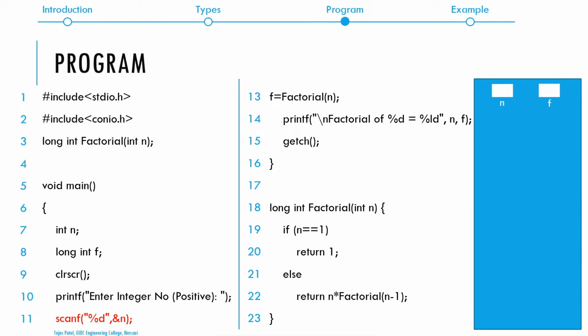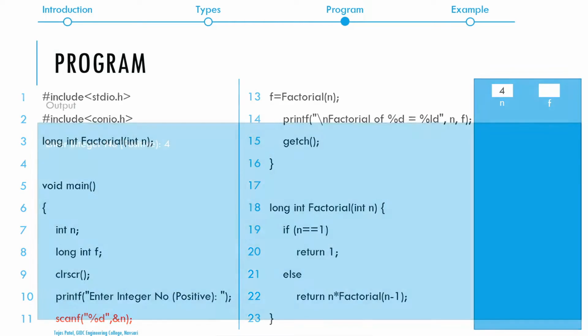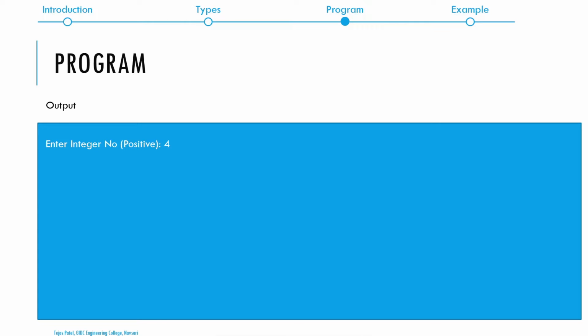Next we have the scanf statement, which as we know will take input from user and store it in n variable. Suppose we take input as a 4. Upon entering the number and pressing enter, we will encounter output screen as shown here.